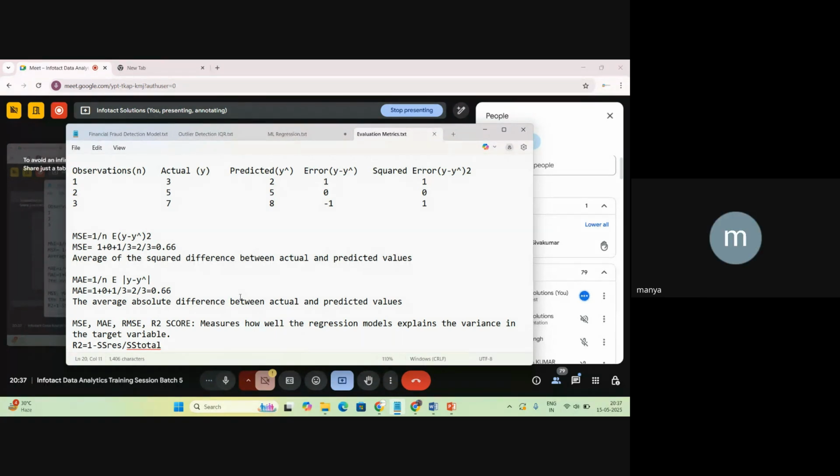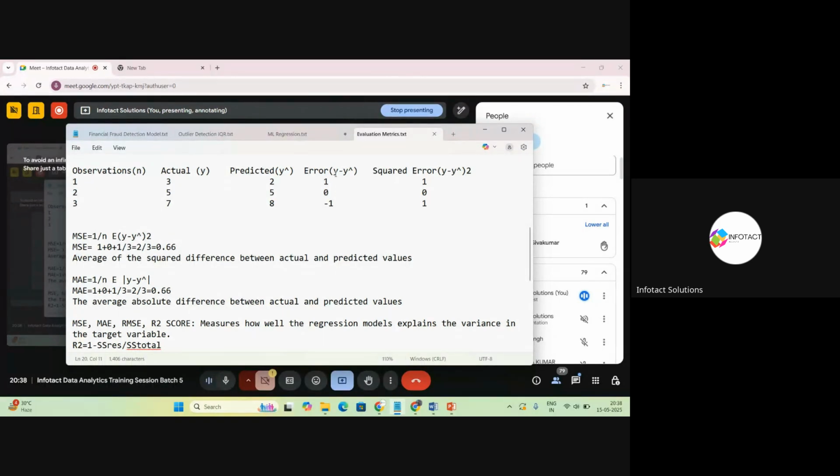Sir, please explain it once more. So there are 3 observations, 1, 2, 3. The actual values are 3, 5, 7, and the predicted values are 2, 5, and 8. How to calculate the error? It's actual minus predicted. 3 minus 2 is 1. 5 minus 5 is 0. 7 minus 8 is minus 1.